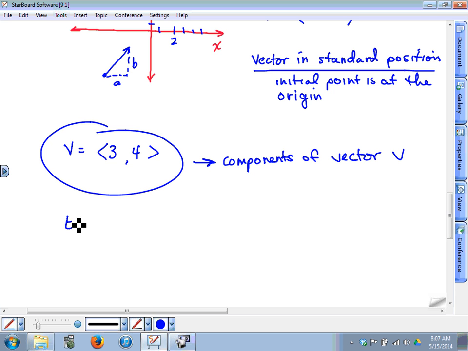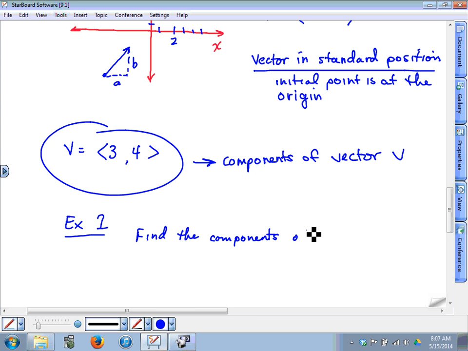So here's a quick example. Let's just blast through this one example here. Find the components. This could be done without drawing it, but it might help to draw it, just to visualize where this is.